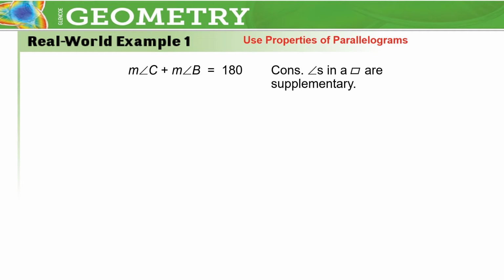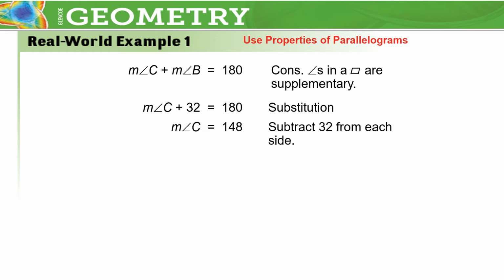So measure of angle C plus measure of angle B equals 180. Angle B equals 32, so measure of angle C will be 180 minus 32, which is 148.